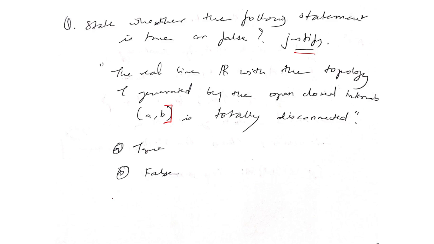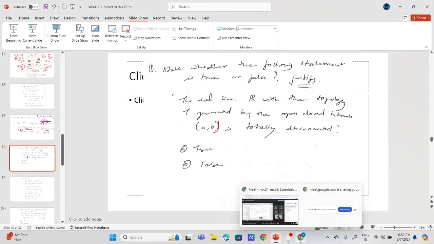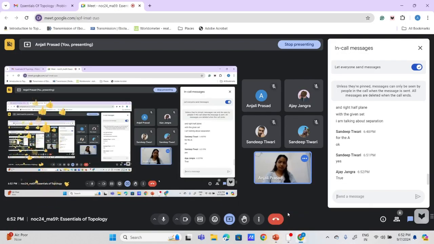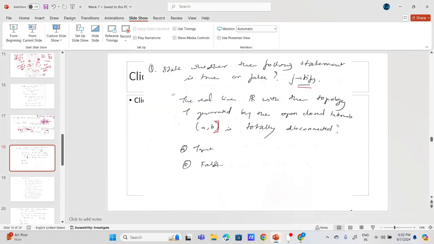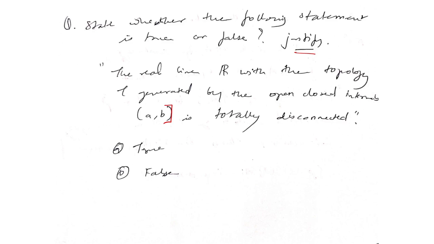How are you getting it totally disconnected? Try to justify it if you are getting it as true.